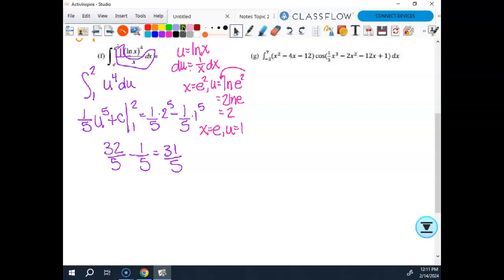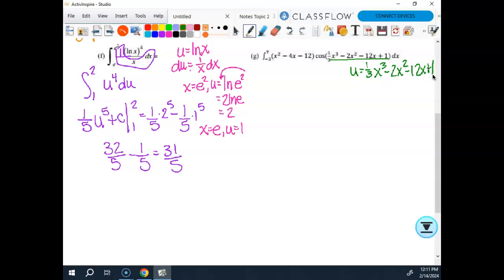The 1/3 part? Okay, good. So we'll say that U is equal to the inside of the cosine here, 1/3 x cubed minus 2x squared minus 12x plus 1. Okay?